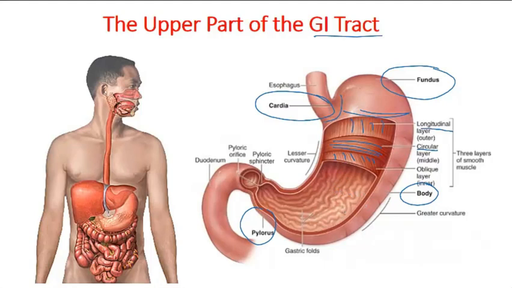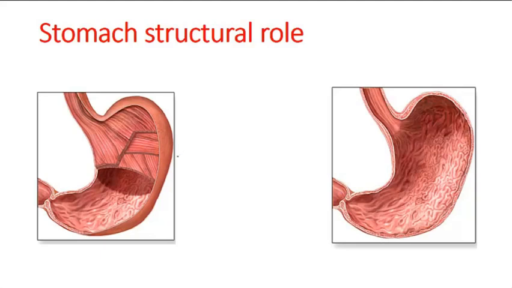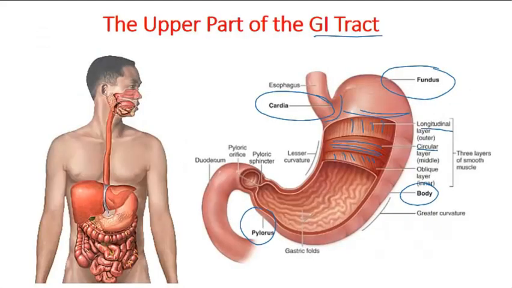Now here you can see, if you look at the muscles from the outermost side, we can see the muscularis externa layer, which we also saw earlier. The muscularis externa layer of the stomach is unique because it carries these three different layers.